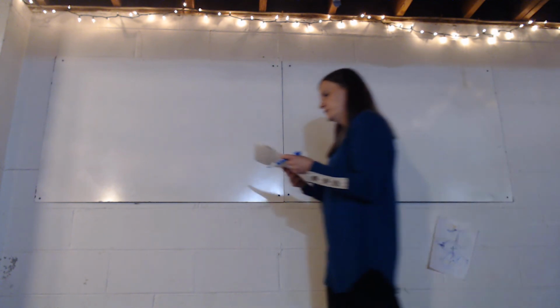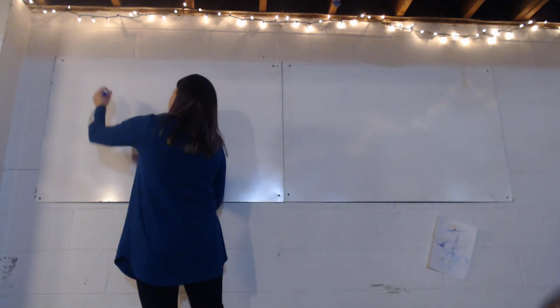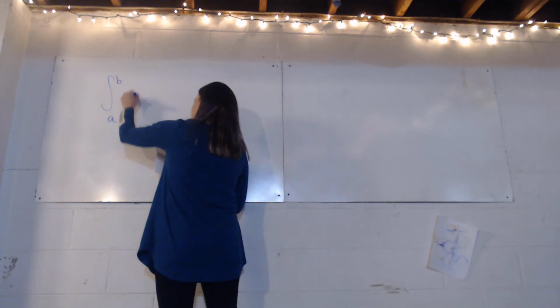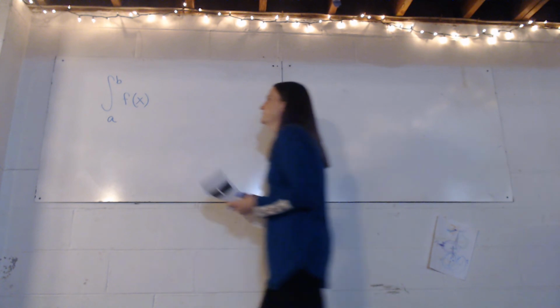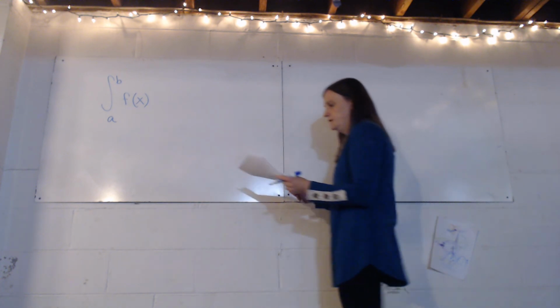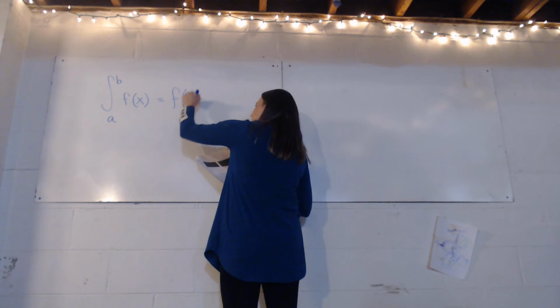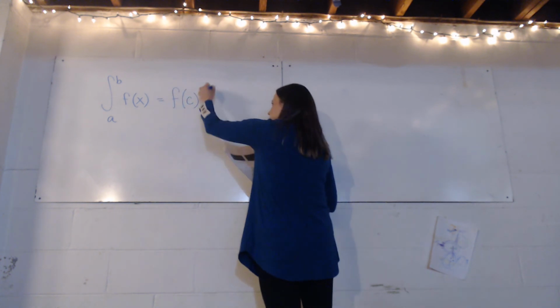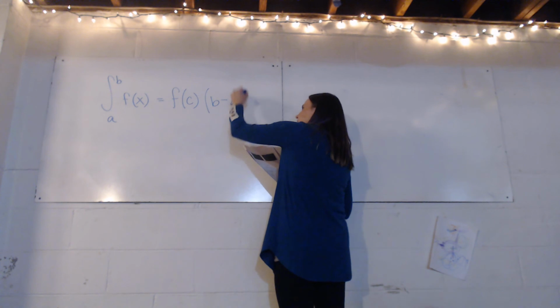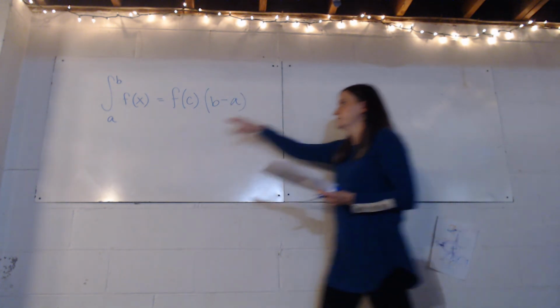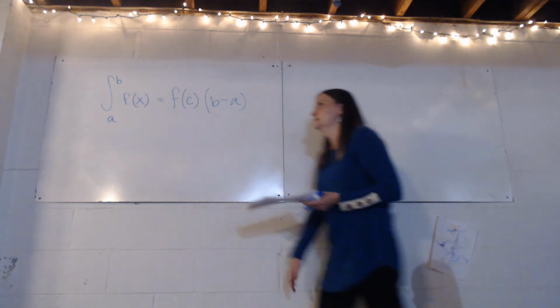But the mean value theorem states this. Just bear with me for now. For the definite integral, as shown, there is a value c, where f of c times b minus a is equal to the definite integral.